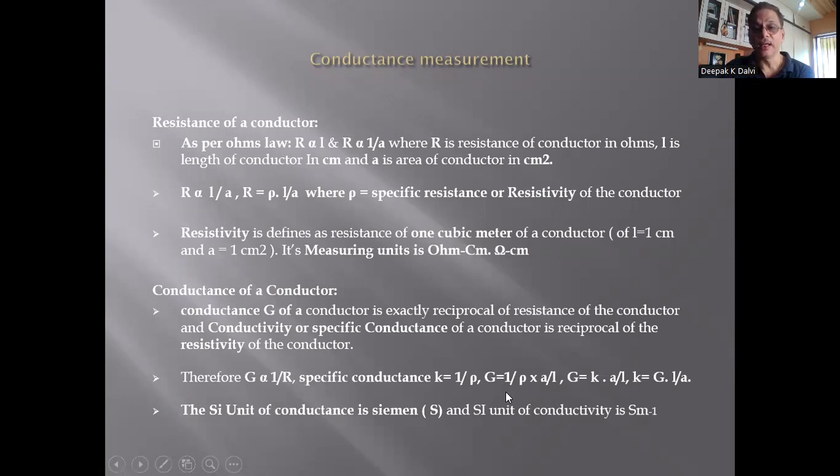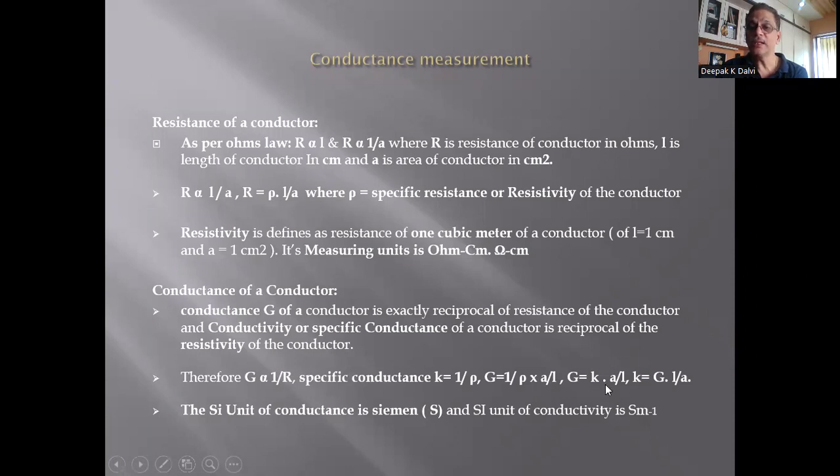And R is equal to rho L upon A. So G is equal to 1 over rho into A over L, because when you put 1 over R, in place of R you put rho L over A, you will get G is equal to 1 over rho into A over L. Because L over A goes in the denominator, A goes up and L comes in the denominator, so it is into A over L. Finally, what do you get for G?